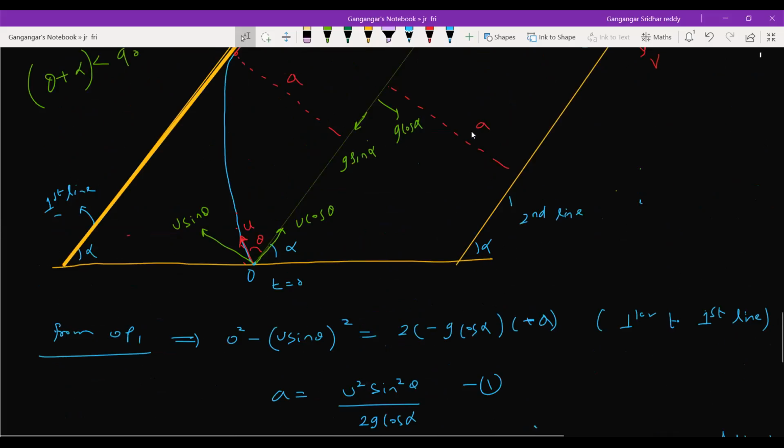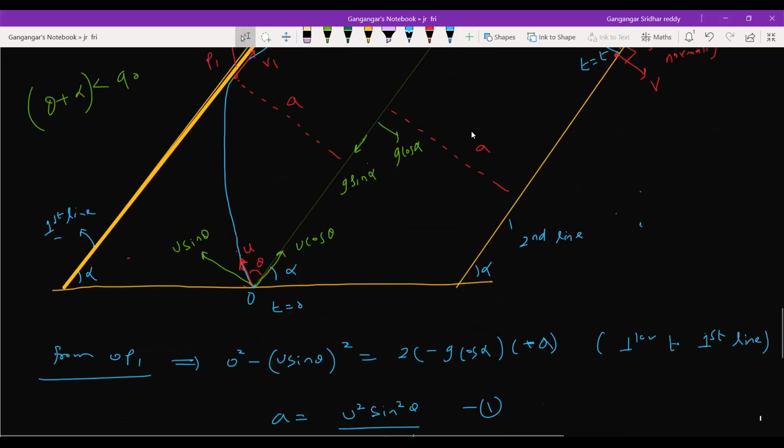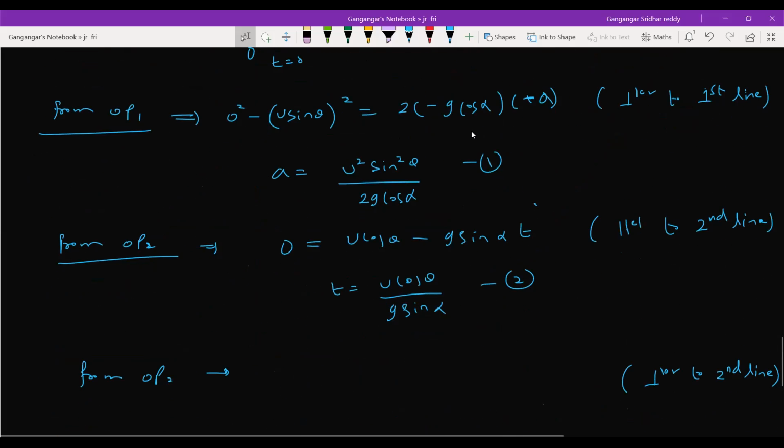So when it moves from O to P2, this is the initial, this is the final, no? So look at the displacement a. It is opposite to u sin theta. So I'll write the equation: s equal to ut minus half at square, any of the formulas. So this will be minus a, no?